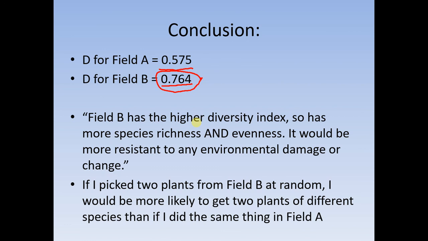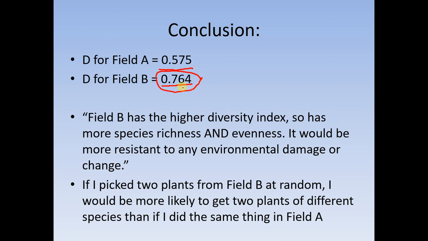Also, one thing you can say is that if I pick two plants at random from field B, I would be more likely to get two plants of different species than if I did the same thing in field A. That's another thing that having a larger diversity index means.